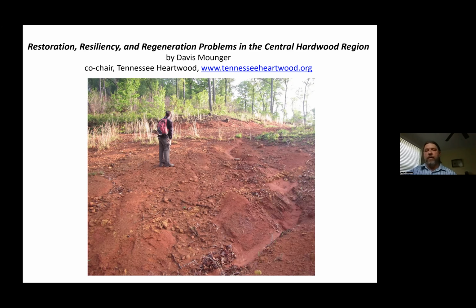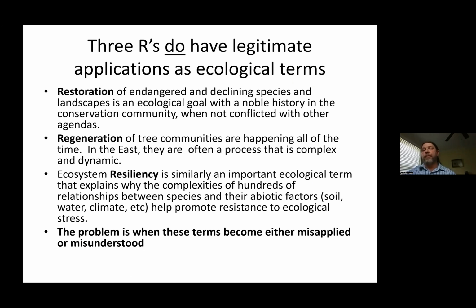So let's take a look at how these terms are being applied and how they are shaping our forests and forest management overall. The first thing that we want to do is make a little disclaimer here. These 3 terms, restoration, regeneration, and resiliency, do have legitimate applications in the overall field of ecology and in various sub-disciplines.